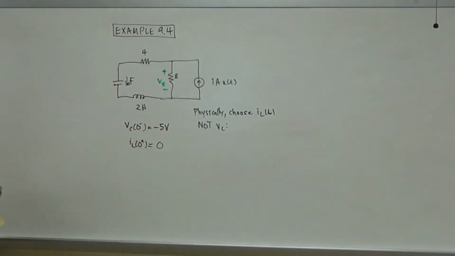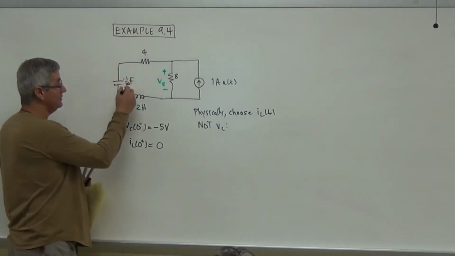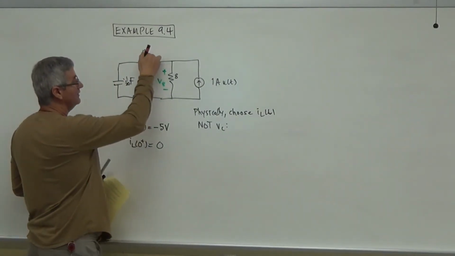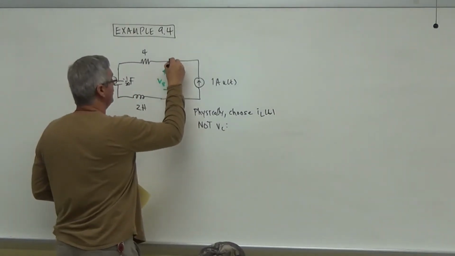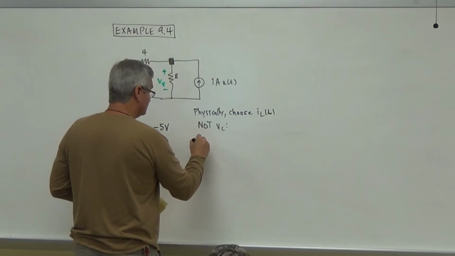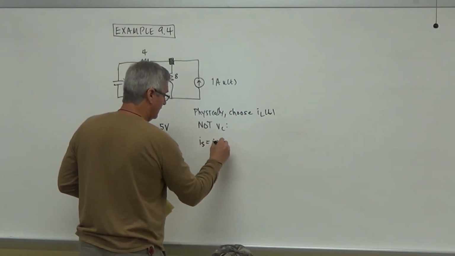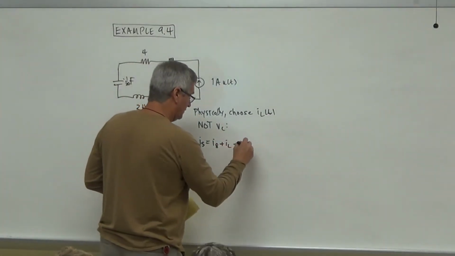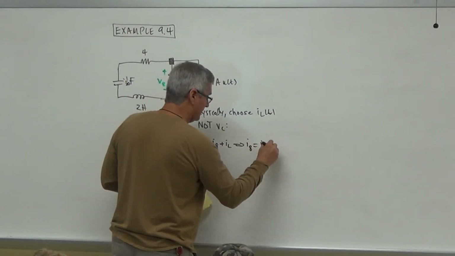Now, I guess we could calculate VC, because the current here and here have to be the same, but then I have to deal with that 4 ohm resistor. If you look at this node right here, that node tells me that the source has to equal the current of the 8 plus the current of the inductor, which tells me that the current of the 8 is just I source minus IL.